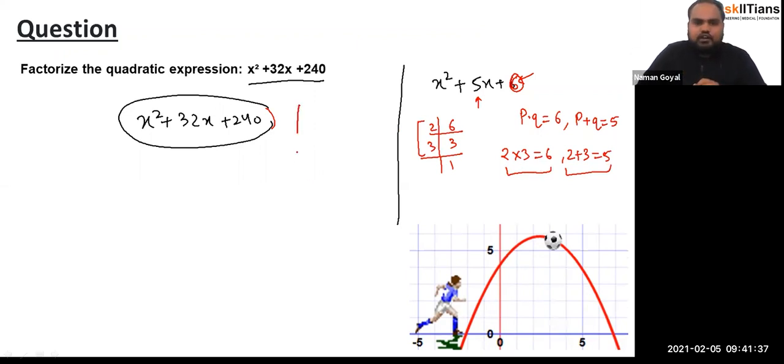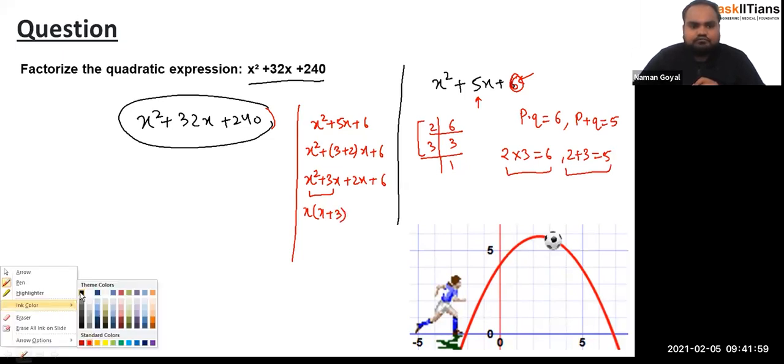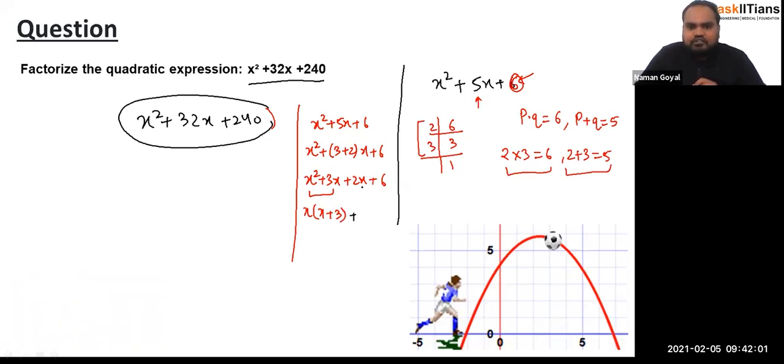So we can write x square plus 5x plus 6 as x square plus 3x plus 2x plus 6. Now I can take x common from the first two, which gives x plus 3, and take 2 common from the last two, which again gives x plus 3.